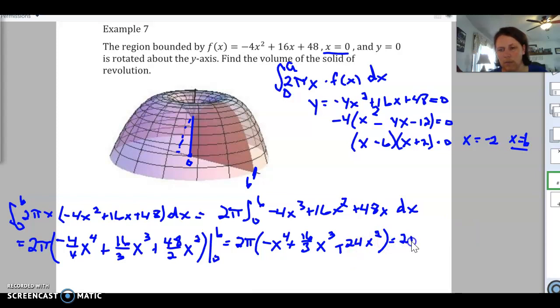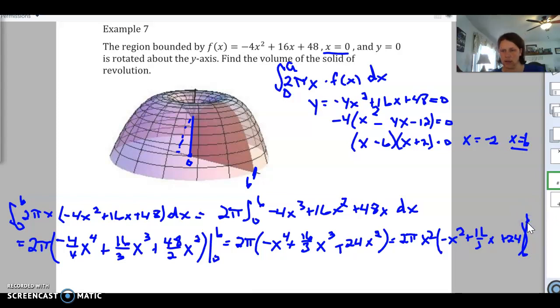So that'll give me 2 pi x squared times negative x squared plus 16 over 3 x plus 24. And we're evaluating that from 0 to 6.